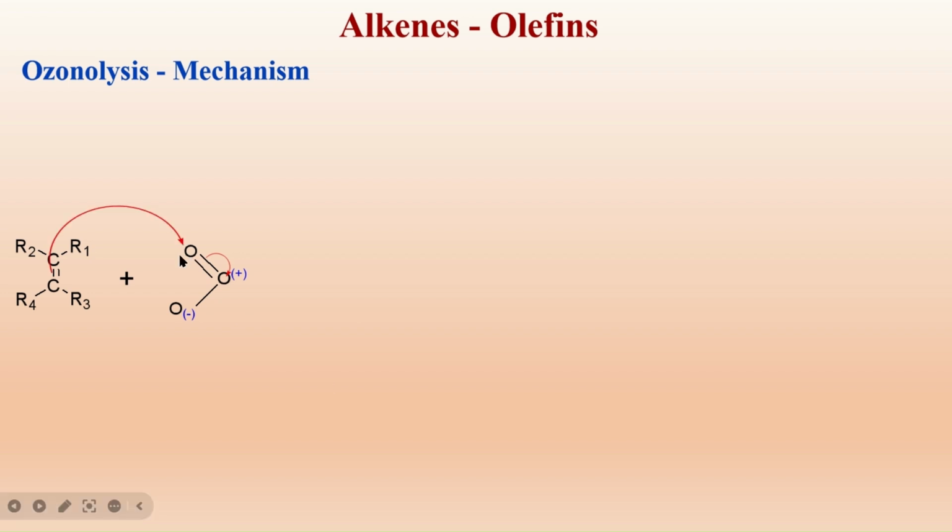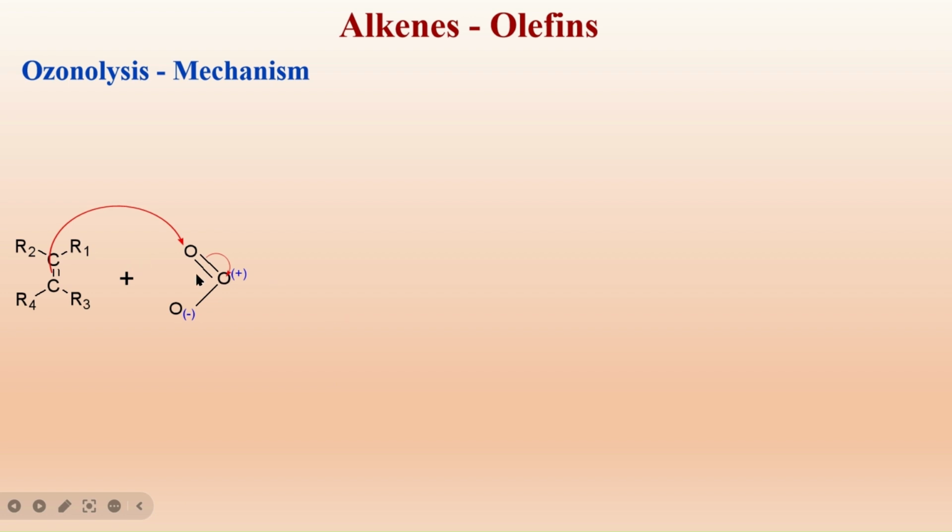As this oxygen is an electrophilic center, the alkene is a nucleophile. The pi electrons on this carbon-carbon double bond share their electrons with this electron deficient oxygen. And here the bond is formed between the carbon and oxygen.